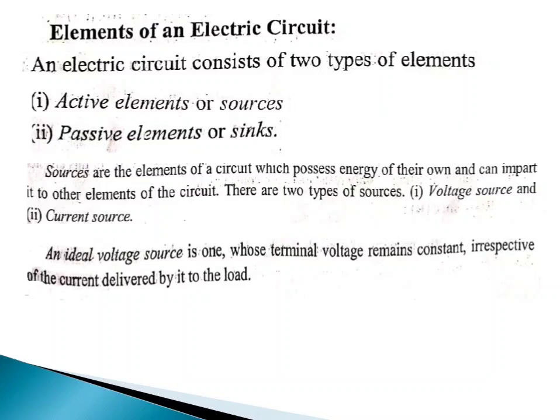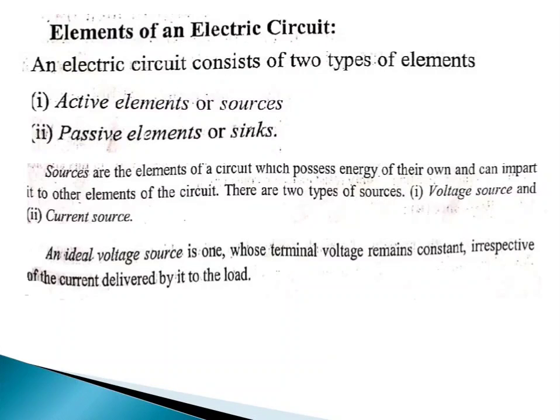Sources are elements that possess energy of their own, which means they can impart it to other elements, such as the voltage source and the current source. They generate their own energy and impart it to others. The voltage source and current source, for example, are called active elements.